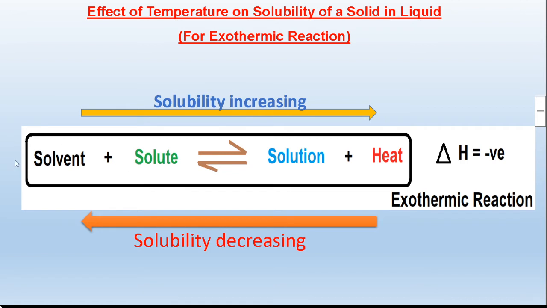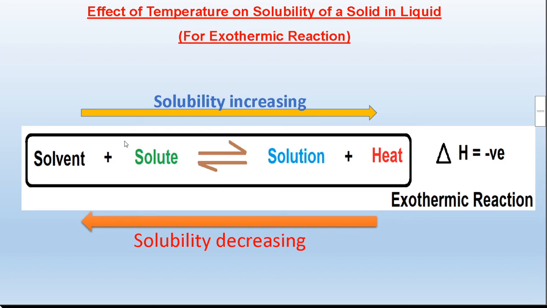Now, consider the reaction solvent plus solid equilibrium solution plus heat. Because heat is evolving in this reaction, therefore it is an exothermic reaction. And the enthalpy change delta H for the reaction is negative.